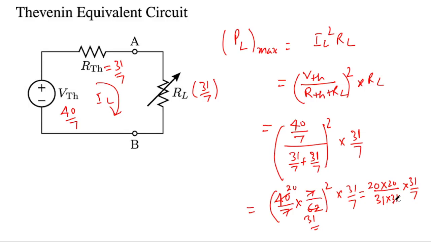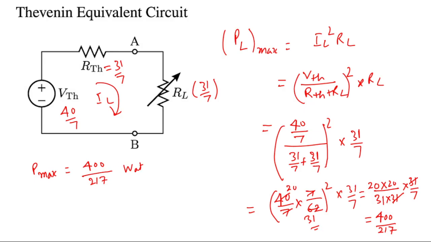This 31 gets cancelled with the 31, so it will become 400 divided by 217. So Pmax is equal to 400 divided by 217 watt.